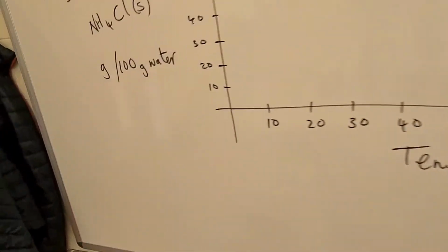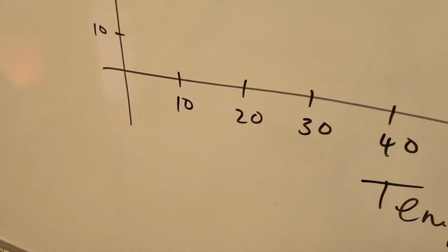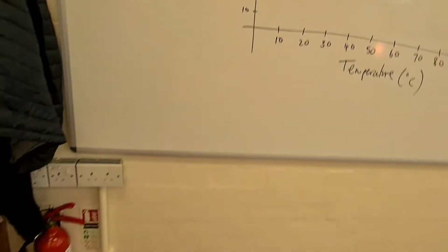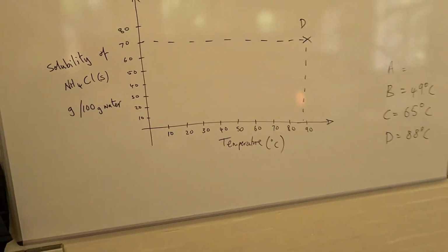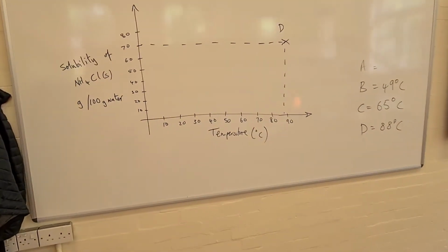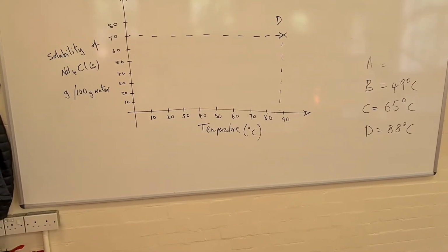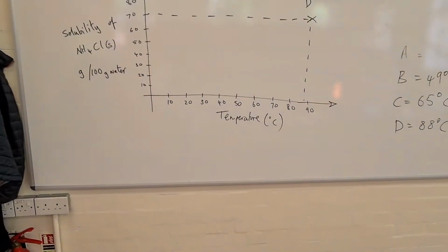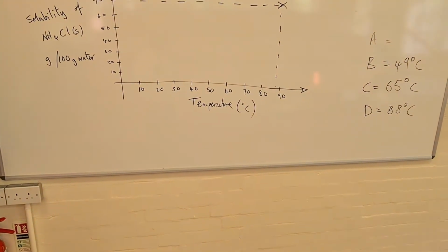So 70 at 88 degrees, that is D. You see, the solubility is 70 grams per 100 grams of water, and that solubility happened at 88 degrees. We saw crystals. Now let's do the others like that.